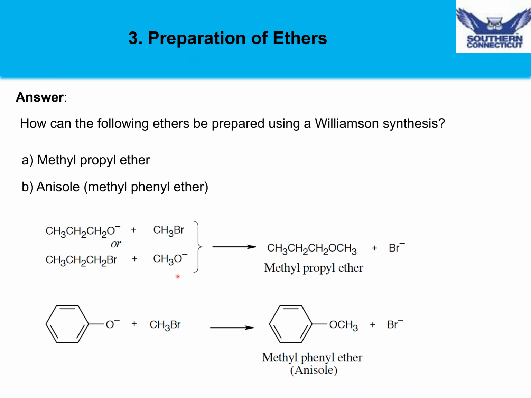In the case of anisole, which is methylphenyl ether, we only have one option to make this ether, which would be having a methyl group attached to the halogen, and then the alkoxide would be this phenoxide ion, where the phenyl group is attached to the oxygen.